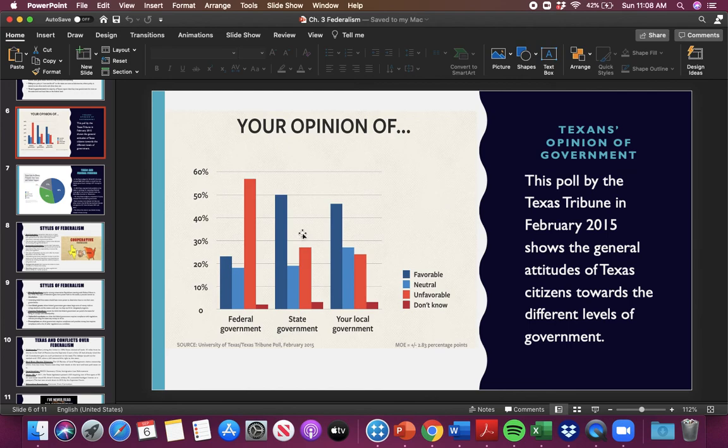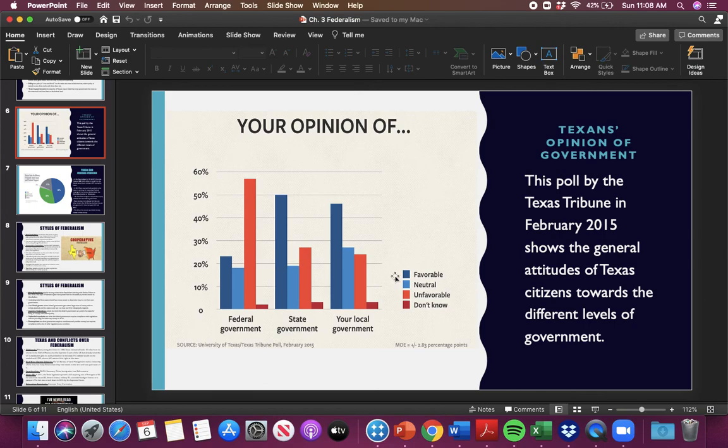So you can see that Texans tend to trust their government, the state and the local, more than they trust the federal government. Now, that's 2015. This is the year before Trump was elected, so President Obama was still in office. These numbers probably look different today, but I've yet to find a chart with current numbers.